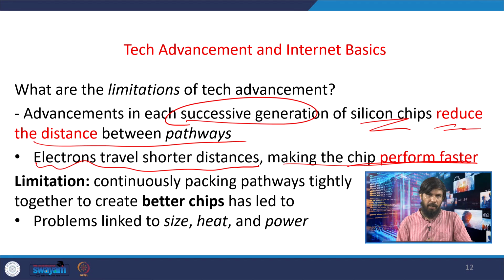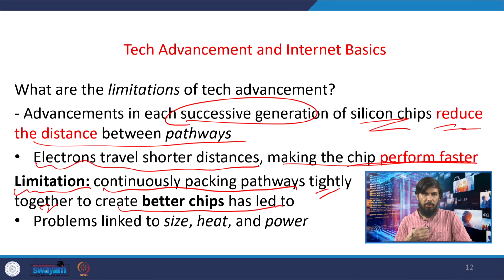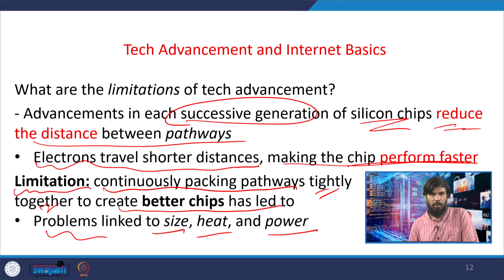While packing more transistors and reducing the pathways is improving the chips, making them speedier, eventually there is a limit to this improvement. We keep packing pathways densely and tightly together to create better chips, but eventually there will be problems linked to size, heat and power, because you will run out of gaps to fill.